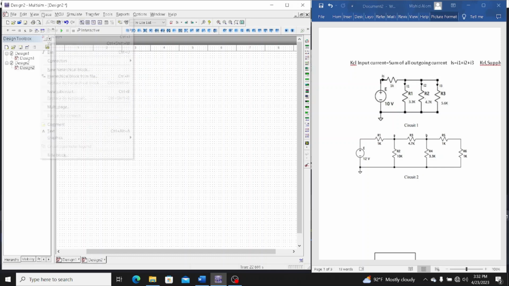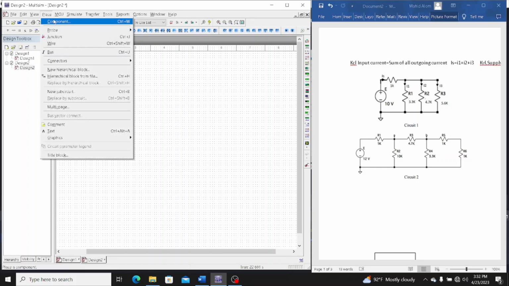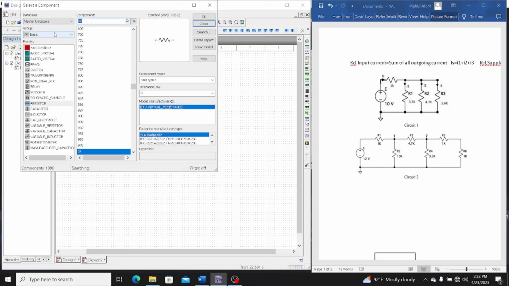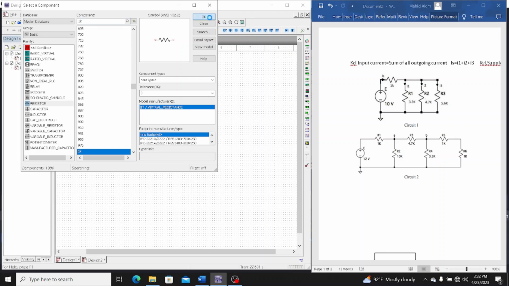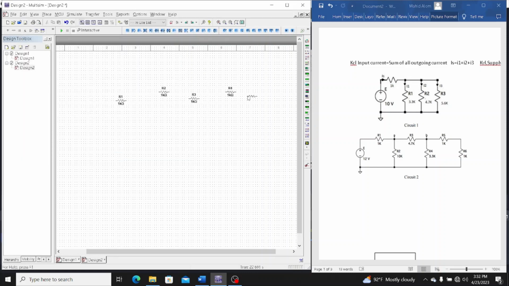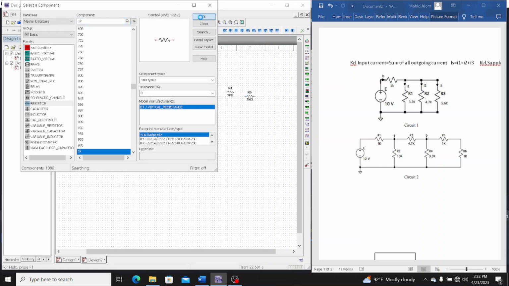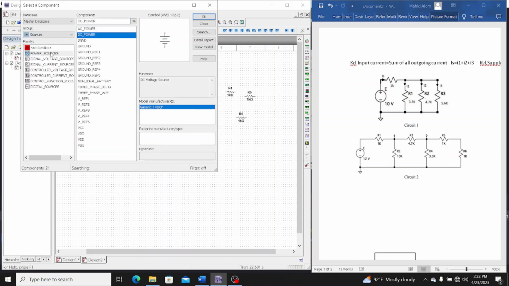Again, we will go to Place, Component, Resistor. I need to take 6 resistors and 1 voltage source, DC power.